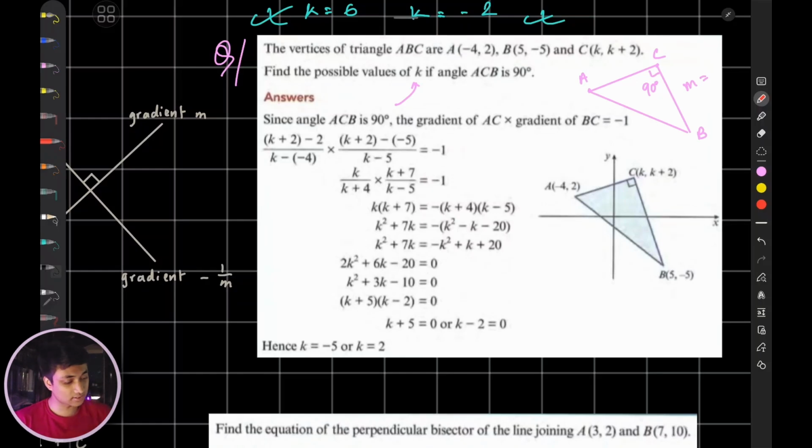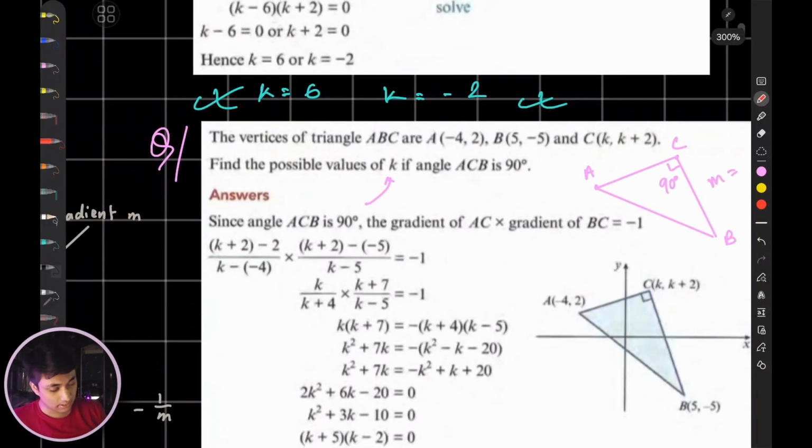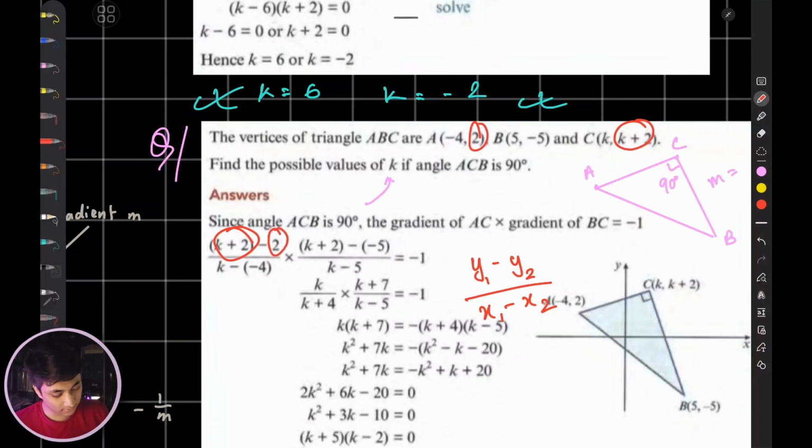Now how to find the gradient of AC? Let's see. It's going to be y1 minus y2 divided by x1 minus x2. What are they considering y1? They are considering it to be the y coordinate of C, k plus 2, minus 2. Fair enough. Then x1 minus x2, that is k minus 4.